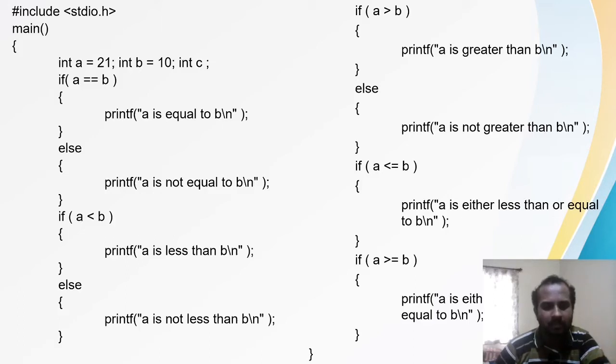But here what I have done, if a is lesser than or equal to b, a is 21 and b is 10, right? So a is not less than b and a is also not equal to b, right? So I can have one else statement here, where I can write else printf a is not less or equal to b.